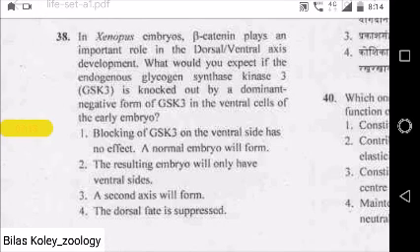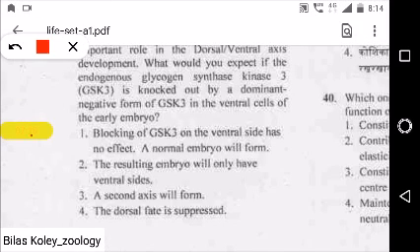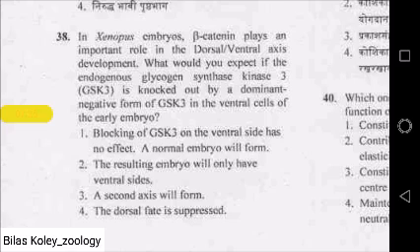Now we will discuss question number 38. In Xenopus embryos, beta-catenin plays an important role in the dorsal or ventral axis development. The question is, what would you expect if the endogenous glycogen synthase kinase 3, that is GSK3, is knocked out by a dominant negative form of GSK3 in the ventral cells of the early embryo?